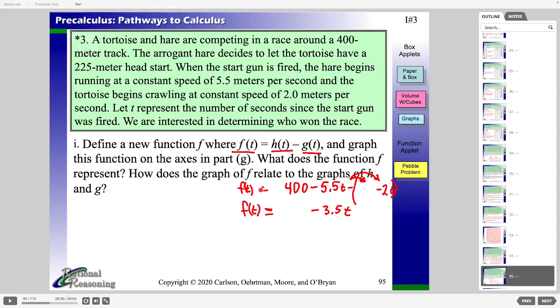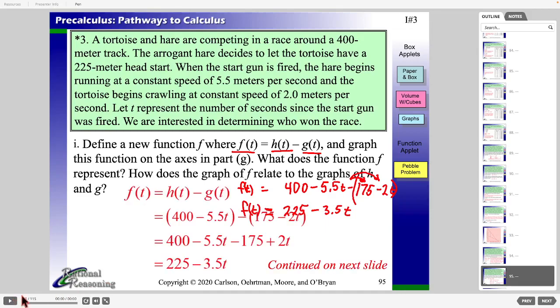So it wasn't making sense to me, because the formula for the tortoise, the finish line is 175 minus 2t. So then 400 minus 175, that's the 225. Now this makes sense. At time 0, there is 225 meters between the two. As time goes on, the distance between the two goes down.